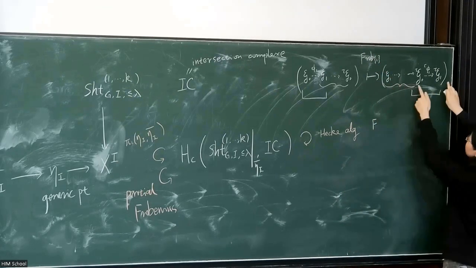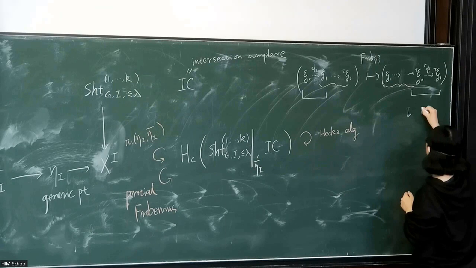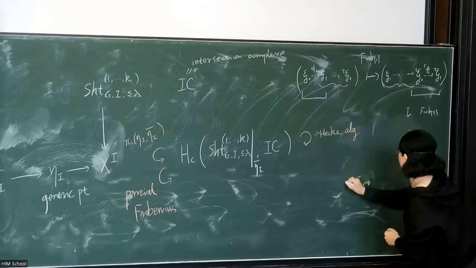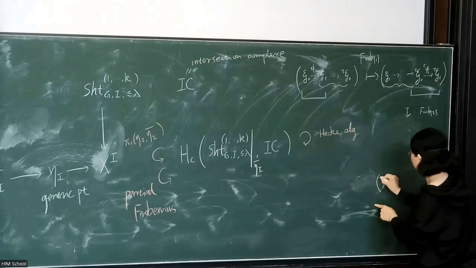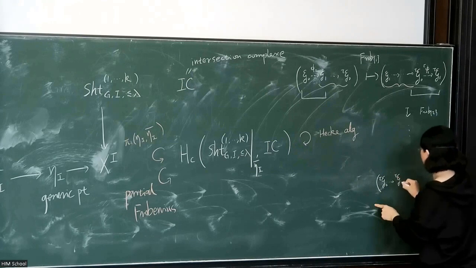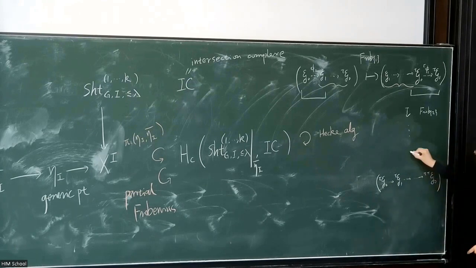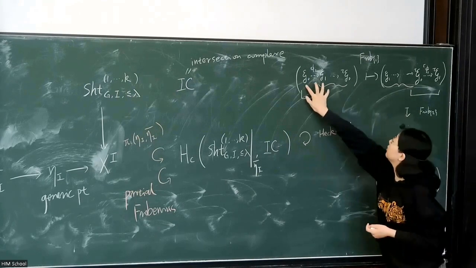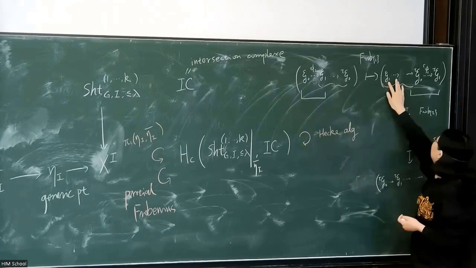If you repeat these things k times, then you can do this for 2. And if you go to the end, you will get the Frobenius of the original thing, which means first you find Frobenius of this, and then Frobenius of this, and then Frobenius of this.